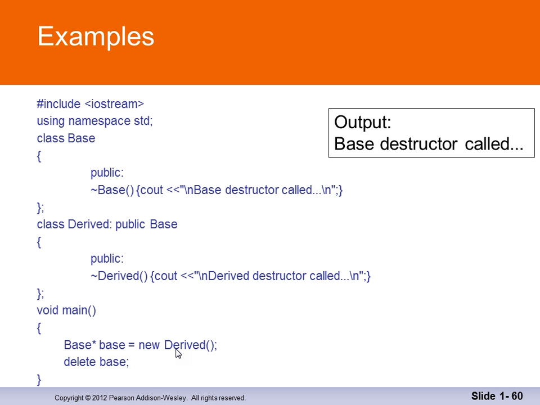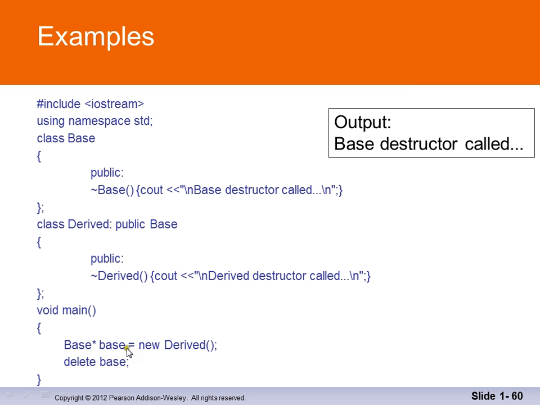Again, we could have written this in a number of steps: Base star B, Derived star D, D is equal to new Derived, and then B is equal to D. Or you can just write it in one step using this approach.